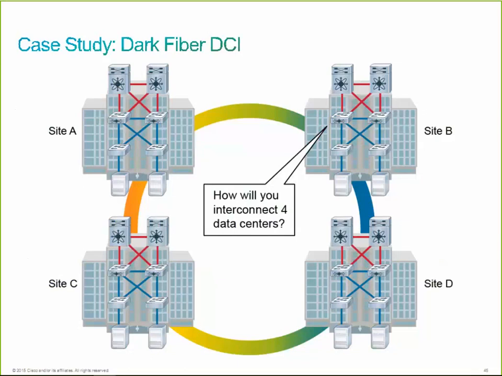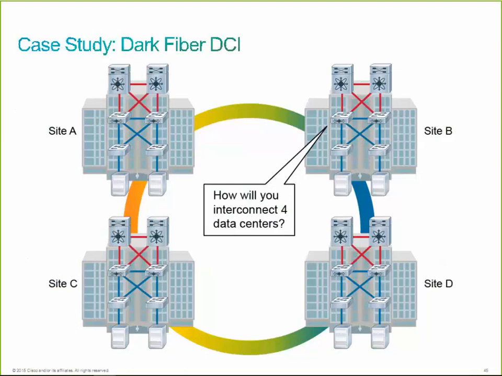The number of data centers that we need to interconnect can also increase, right? In this particular case study, we have 4 remote data centers interconnected using this DWDM ring, all right? So what DWDM provides in this concept is a media layer to give us those various point-to-point physical layer links.